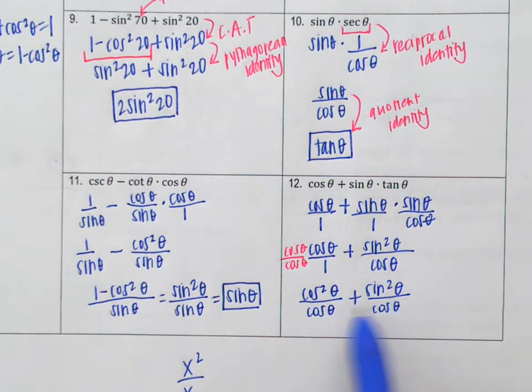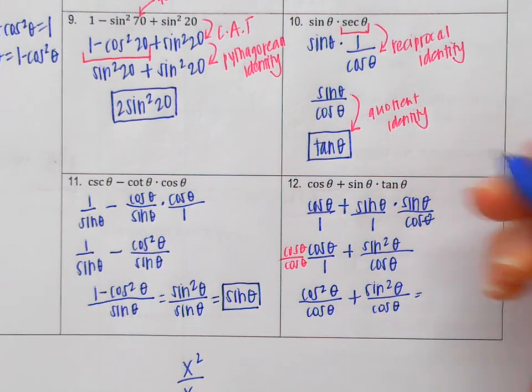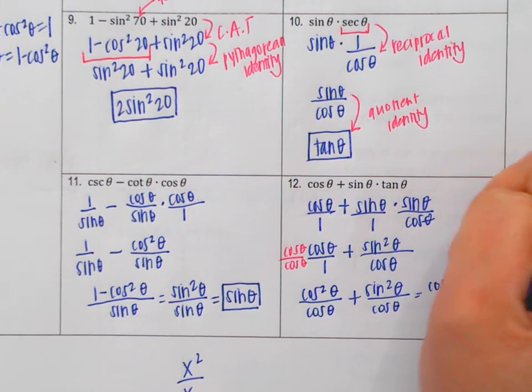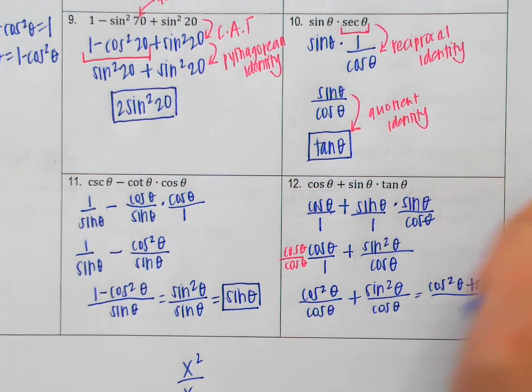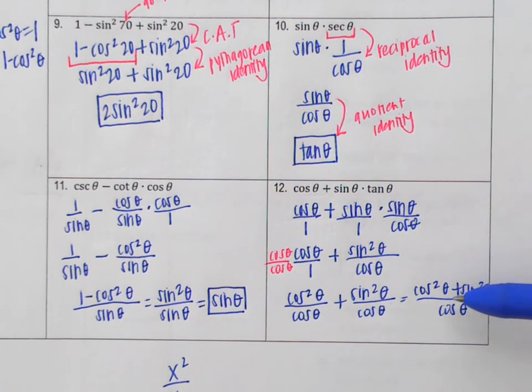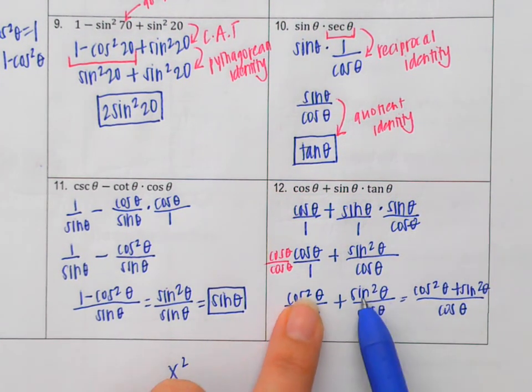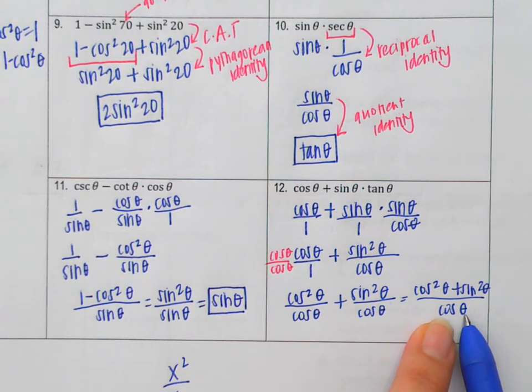And now they have a common denominator. And so we can rewrite it: cosine squared theta plus sine squared theta over cosine theta. And now that I have the common denominator, I just combined the top.